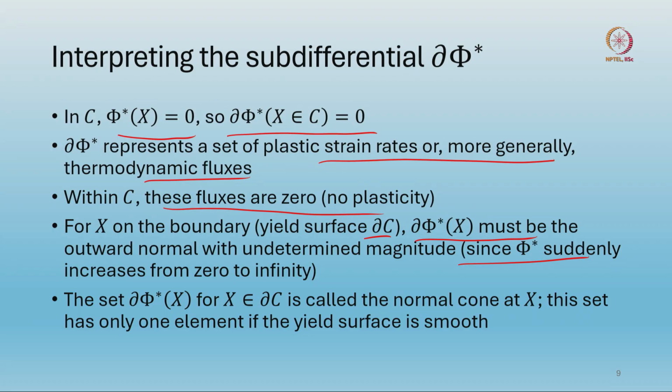The set del phi star, the conjugate, the dual to phi, for x on the yield surface is called the normal cone at x. This normal cone consists of only one element if everything is smooth, that is, the yield surface is smooth.